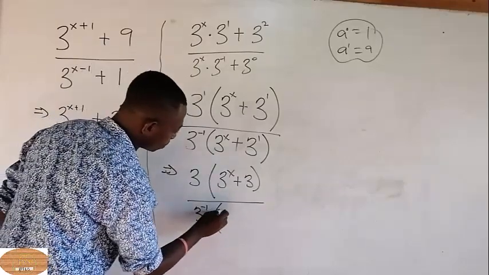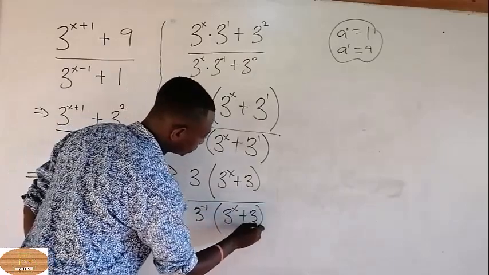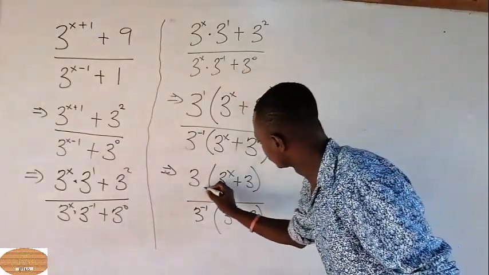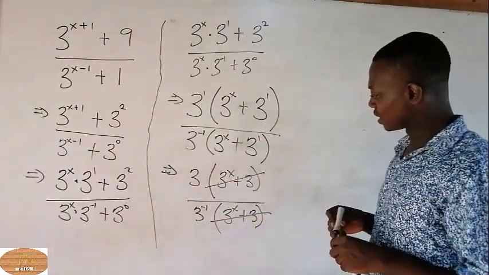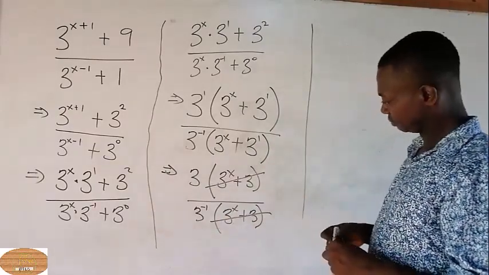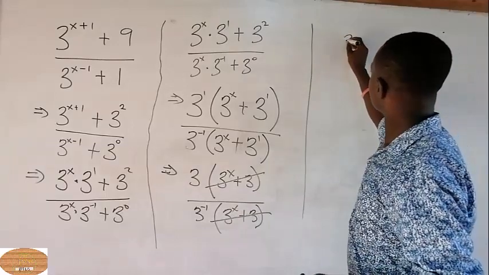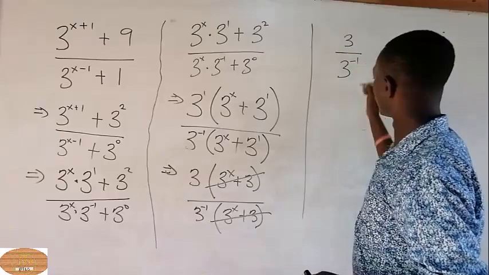Then we have 2 to the power x plus 3. Alright, so this one will cancel this straight away. So we are left with 3 over 3 to the power minus 1.